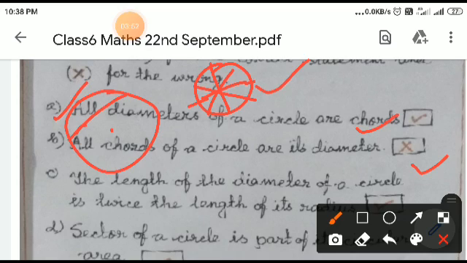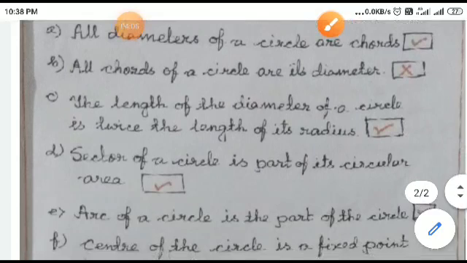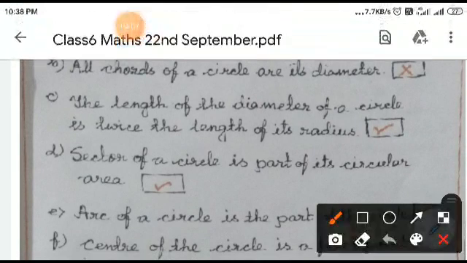The chords that pass through the center can only be diameters of the circle. So the statement is wrong. Number C, the length of the diameter of a circle is twice the length of its radius. This is right. Diameter equals twice the radius.